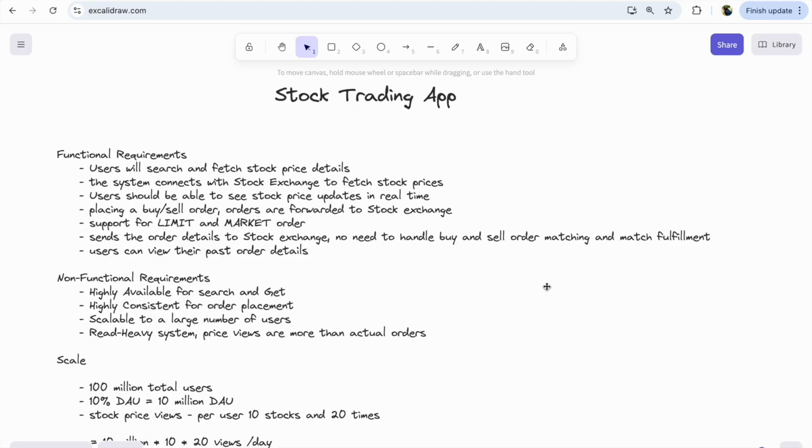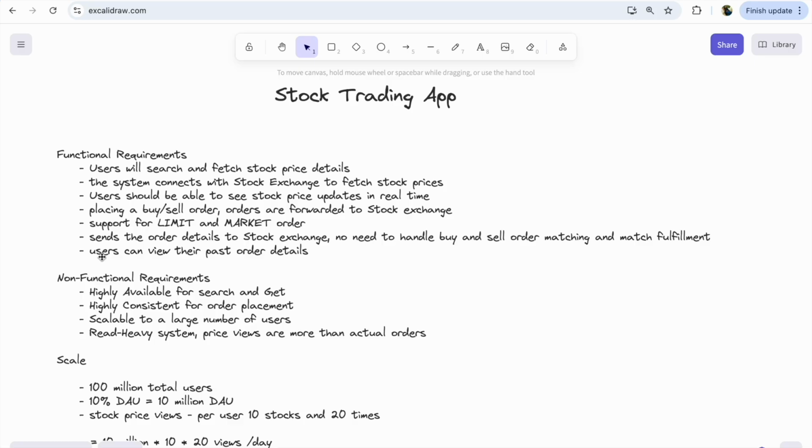Then after the match has to be executed, meaning the payment has to be made, the money has to be deducted, right? These things we don't take care of in our stock trading app. We just take the orders from the customers and send them to the stock exchange system.